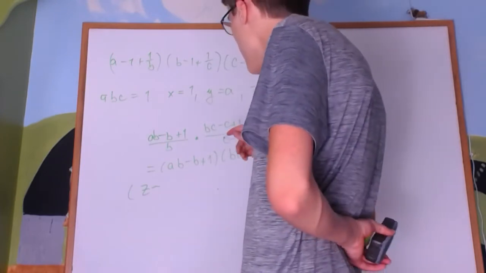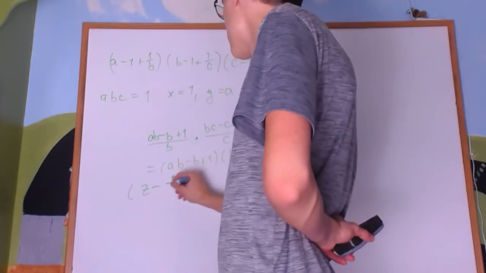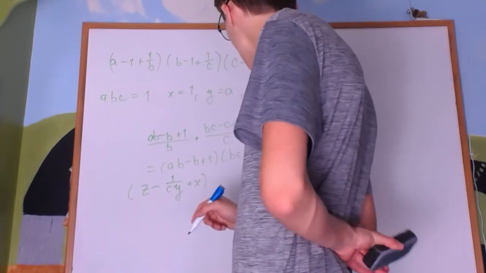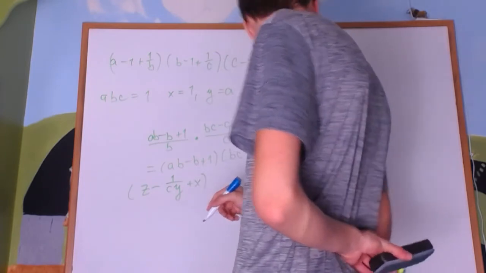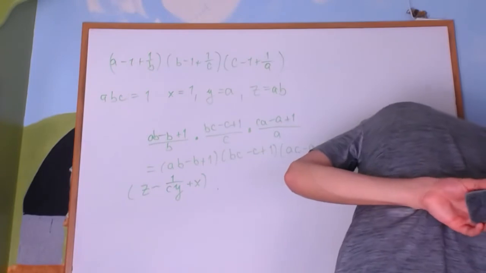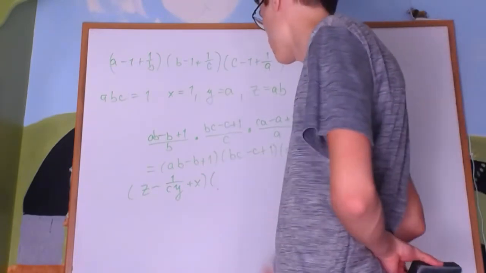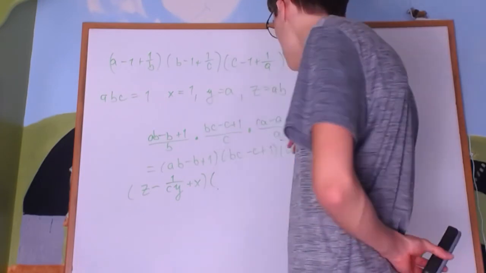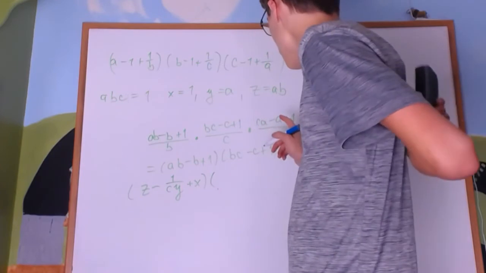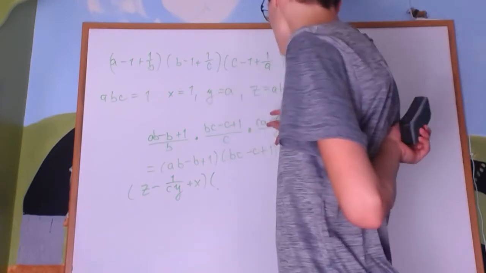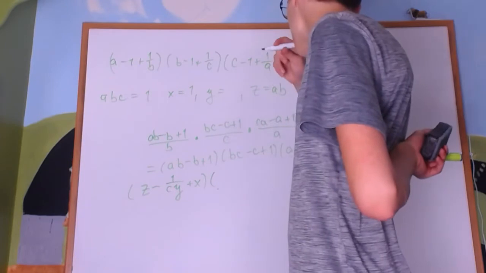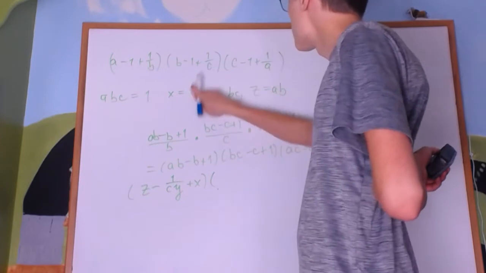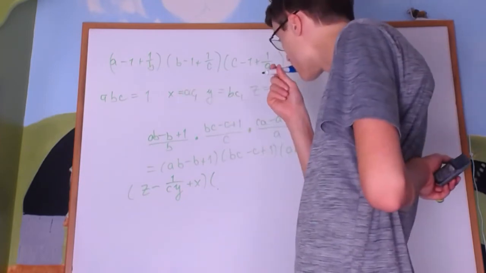B is 1 over AC, so it's 1 over CY plus X. Okay, BC, that is close to being Z if instead of an A we got... a better feeling about a substitution like that.